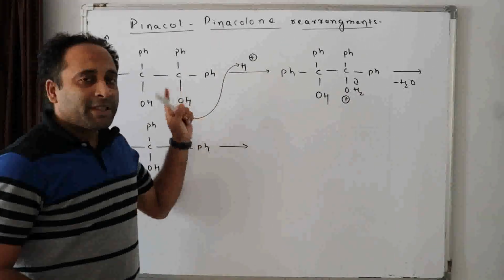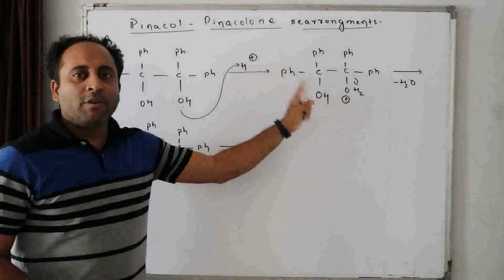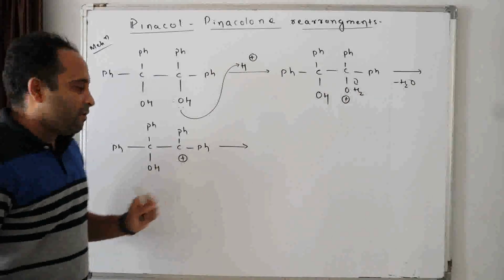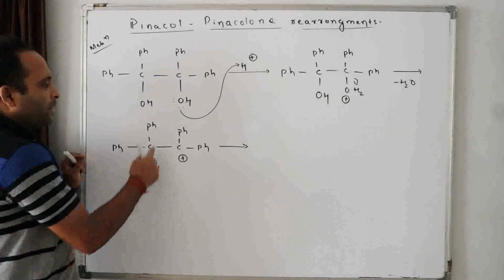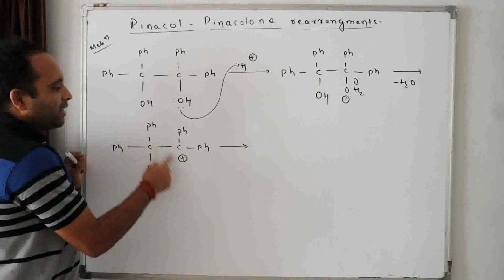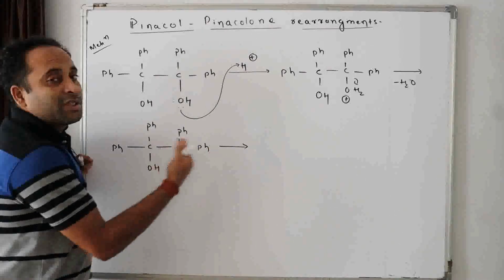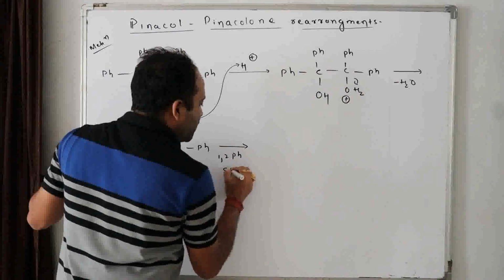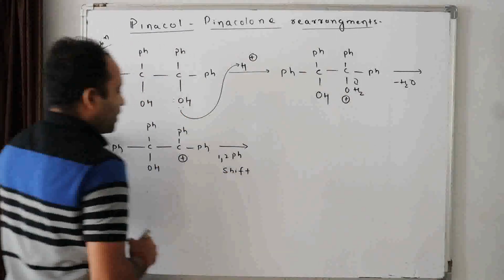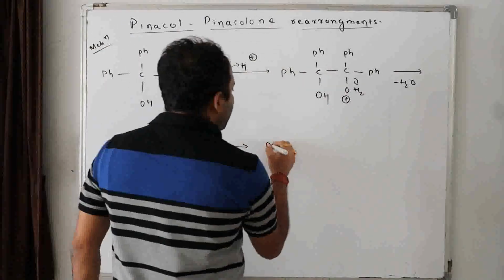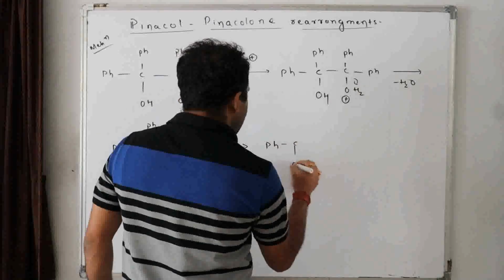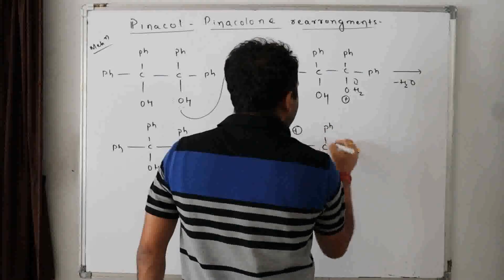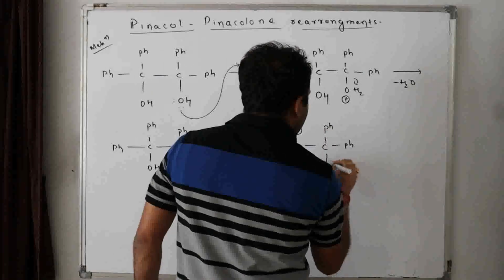The attack will be in such a way that the carbocation formed will be the most stable one, and here migratory aptitude is strictly followed. So here what will happen? Phenyl will migrate from this, and why will it migrate? Because I can create a more stable carbocation. So here there occurs a 1,2-phenyl shift. What will be formed here? Ph3C-C+(OH)Ph.